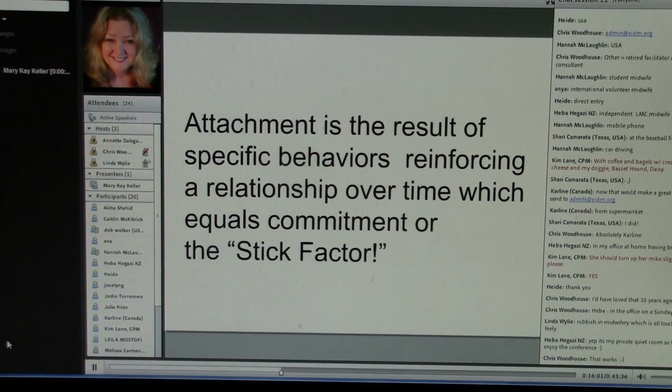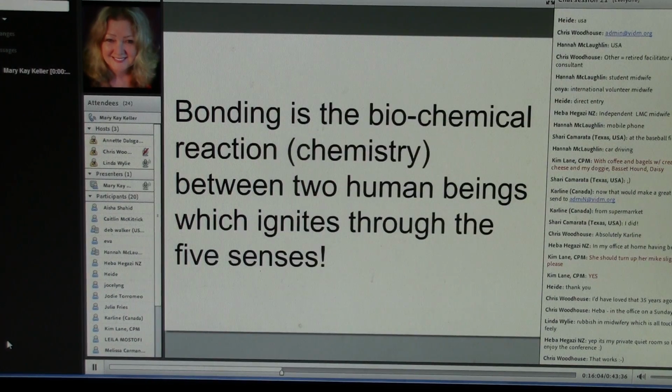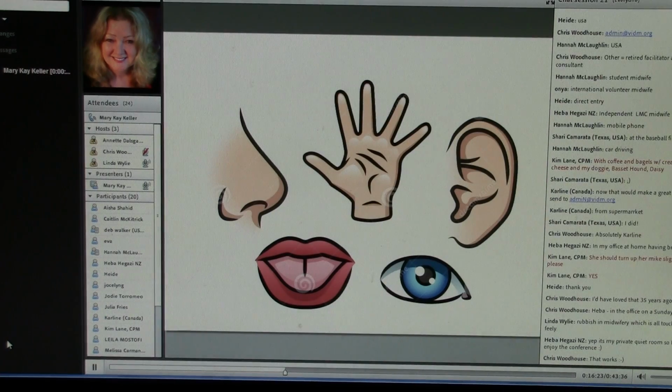And bonding is the biochemical reaction or the chemistry between two human beings, which ignites through the five senses. And this is one of the reasons for infant massage. Infant massage provides the behavior that can be consistent over time, but it also provides the opportunity for bonding, which happens through the five senses.